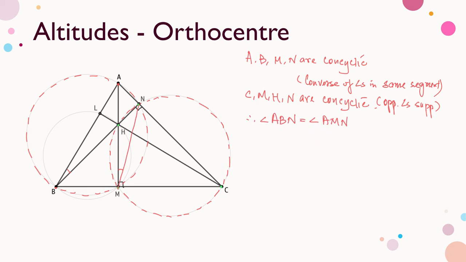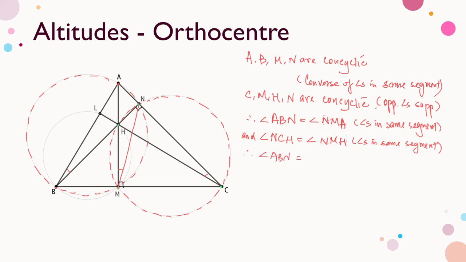The reason is angles in the same segment. For the second circle, we have angle NCH equals angle NMH for the same reason. Combining the results, we have angle ABN equals angle NCH, or angle NCL.